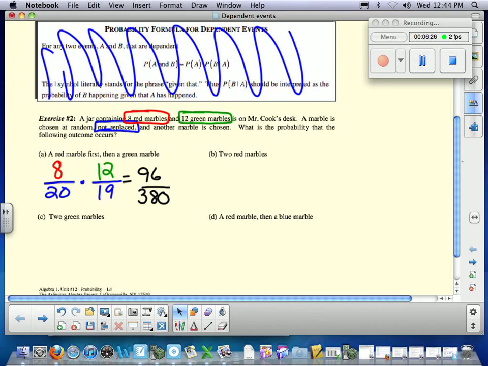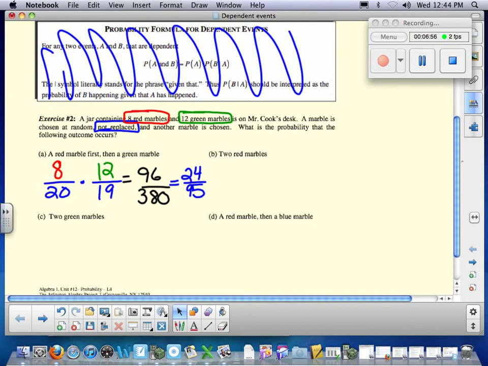Can I see what the calculator says? Well, that's perfect. Yep. I didn't reduce mine, you did. If you type this into your calculator and fract it, you have 24 over 95.